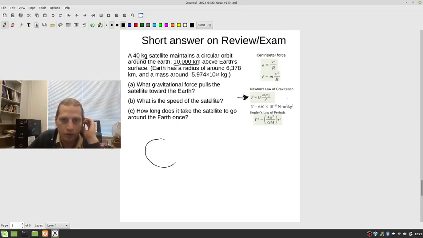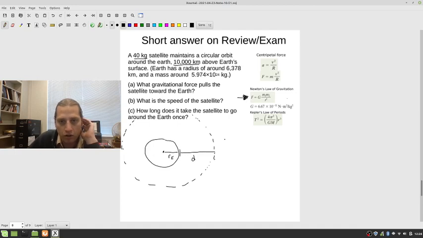Let me draw a little picture for myself. I've got the radius of the Earth, and then it says that it's in orbit 10,000 kilometers above that. So there's my circular orbit where my satellite is going around. This is my distance above the Earth.